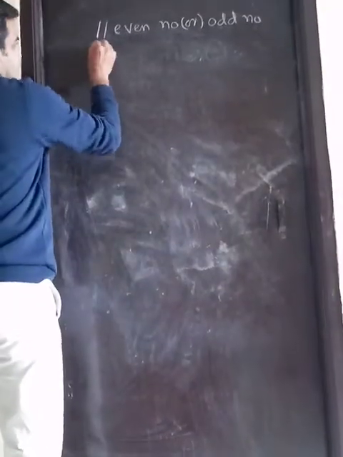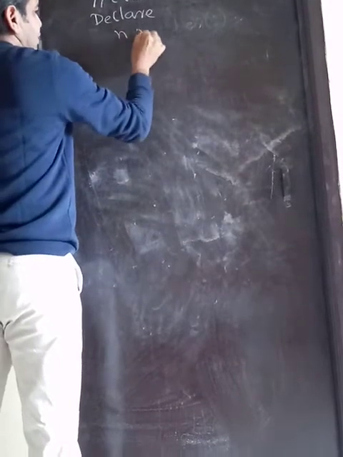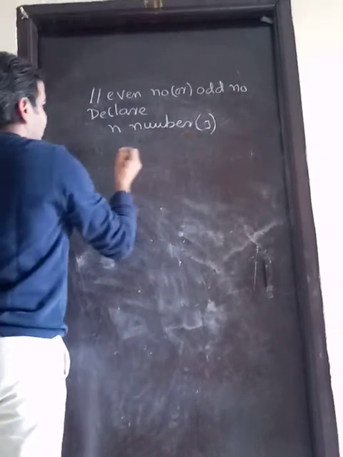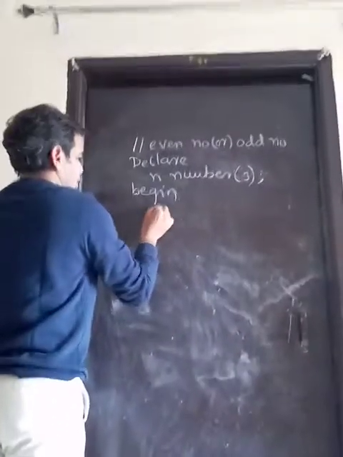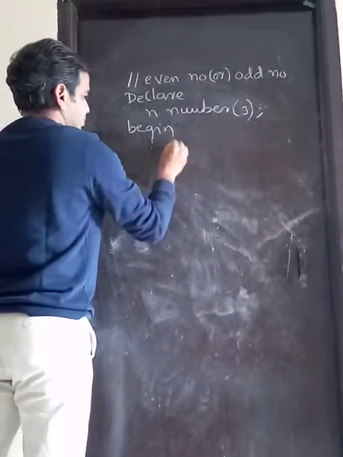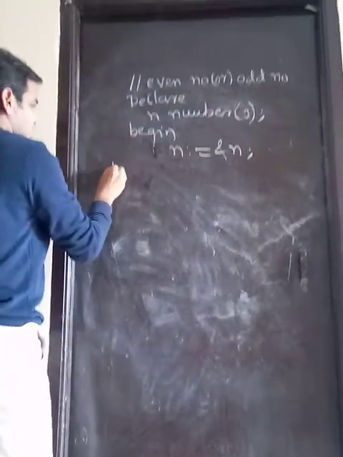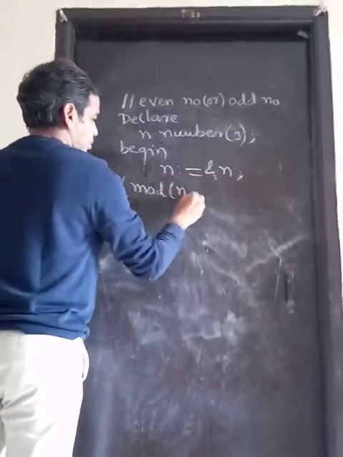First of all declare n number of 3, then begin. I am accepting n at runtime, so if mod we are using, mod n comma 2.